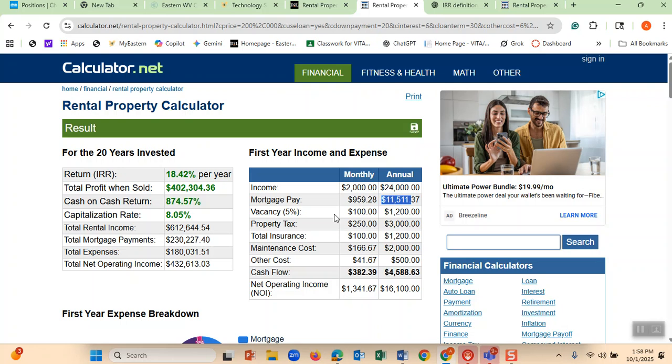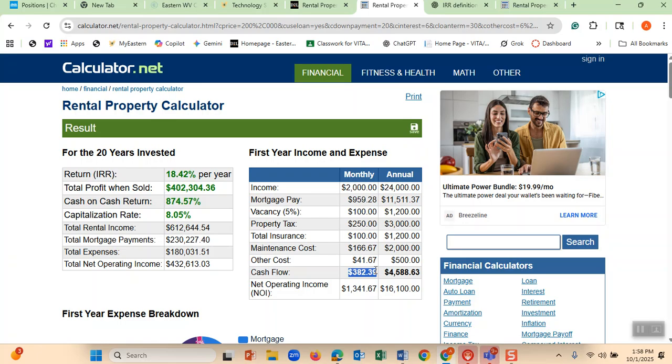Vacancy rate, 5%, that is what you are not going to get out of your pocket, and therefore, we come here: property taxes, $250 a month and $3,000 a year, insurance, maintenance costs, and therefore your cash flow.